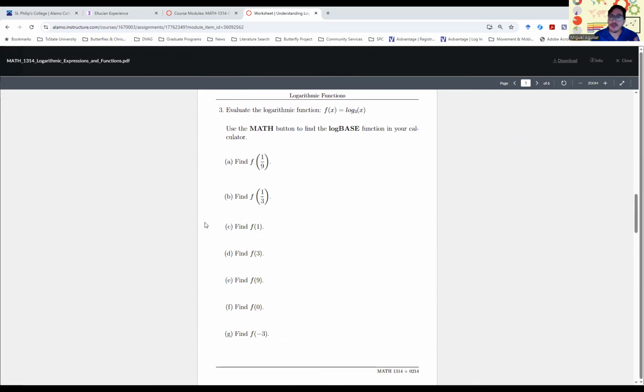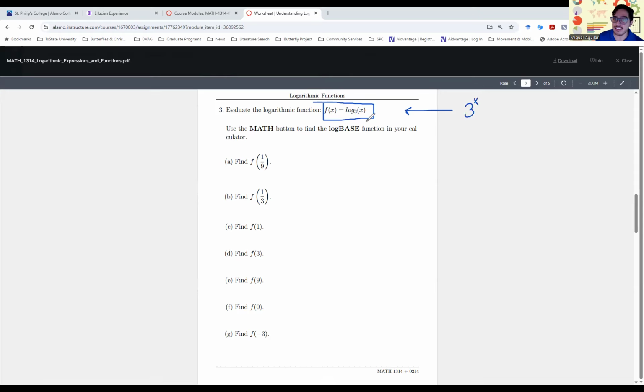All right. Well, now for this third problem set, we have a laundry list of things to evaluate in the calculator, right? So this is evaluating a function, and the function that was given is log base 3 of x. Remember that this is related to that worksheet that we did yesterday where we started with the function 3 to the x power.